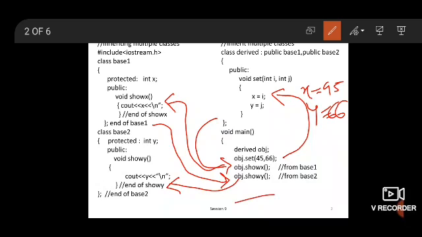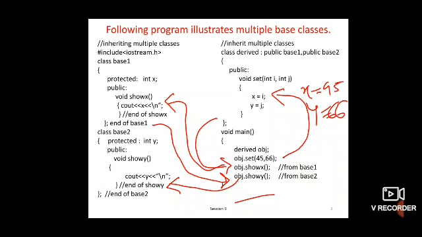Then after the end of this member function, it comes back to the main program, where the end of main is given. In this program, whatever value is passed in the derived class automatically goes to the base class member function. This is called the inheritance program.